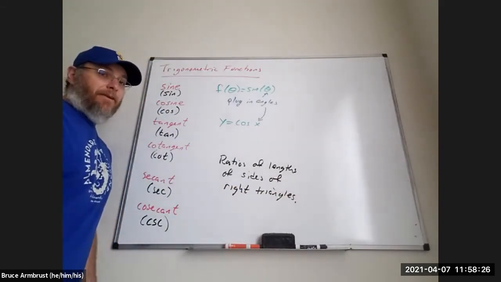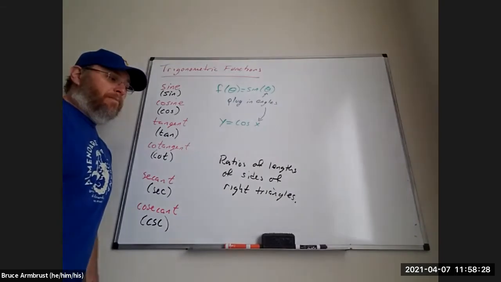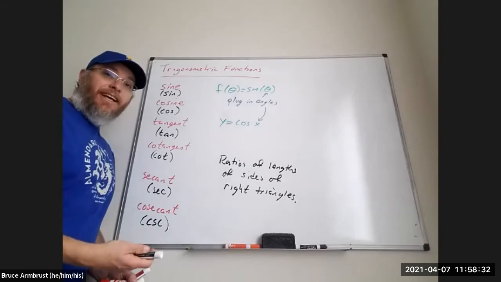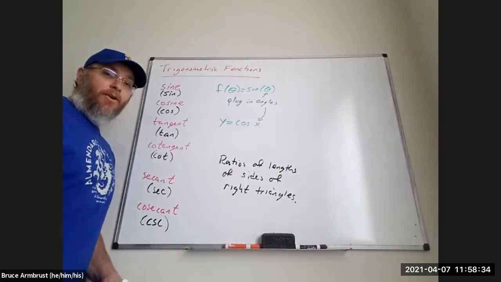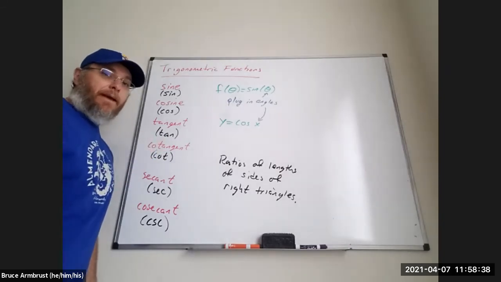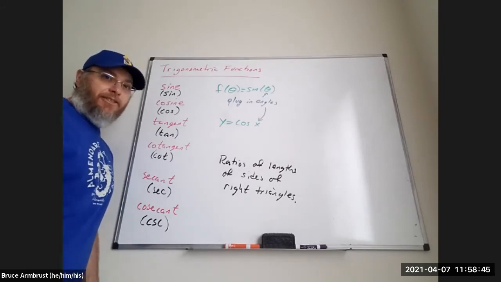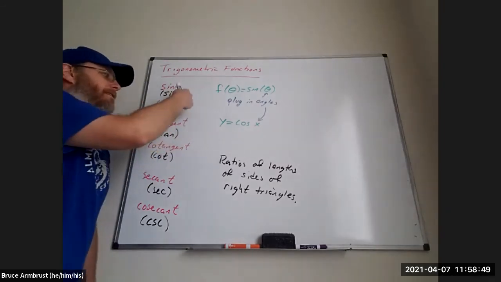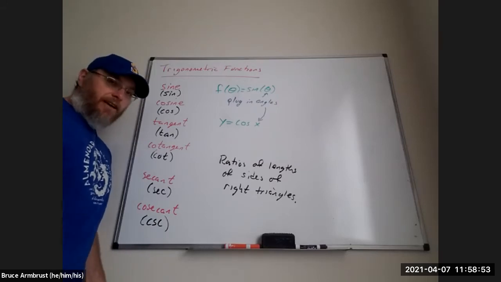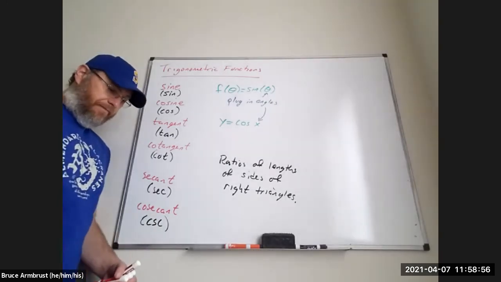That's how these things came about. So every triangle has 3 sides, right? Well, if you were to take those 3 sides and pair them up into pairs and make fractions of them, there are 6 different combinations that you can have. Hence the 6 different trig functions. So these are taking sides of triangles and putting them all together.